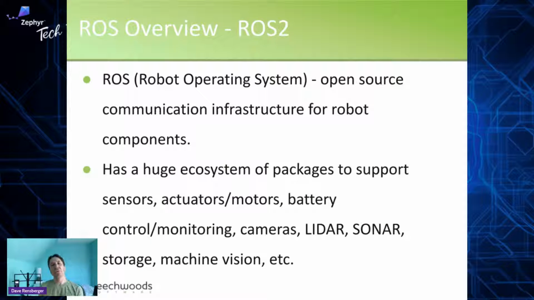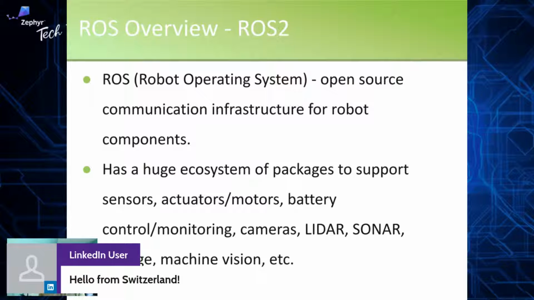So, an overview of ROS2 for anyone who's not aware. I'm going to use ROS2 and ROS interchangeably. There was once a ROS1, and you can go read the history if you'd like, but basically ROS2 is ROS now. Everyone's using ROS2. It's an open source communications infrastructure package for robot components.